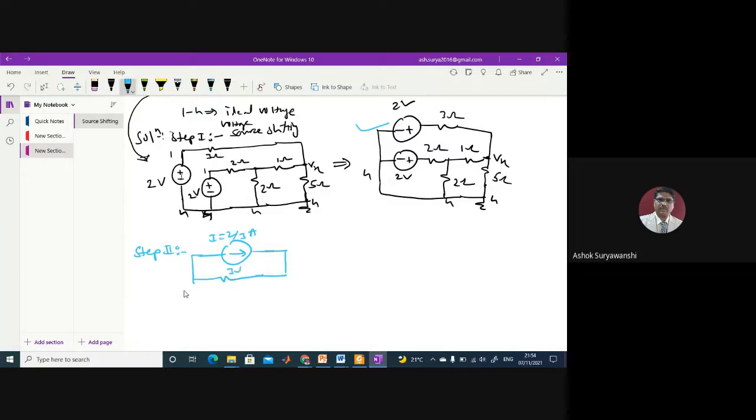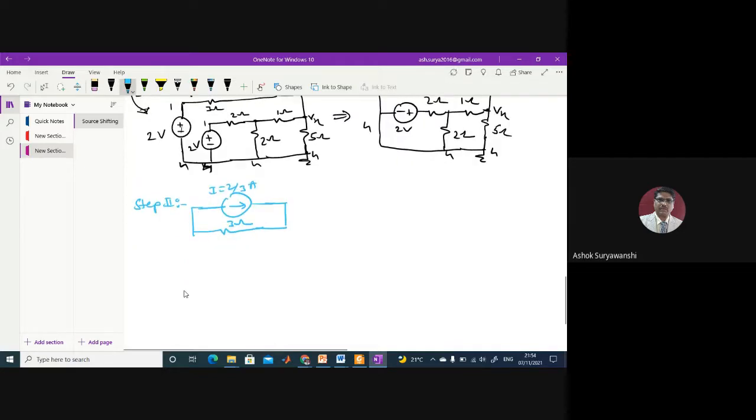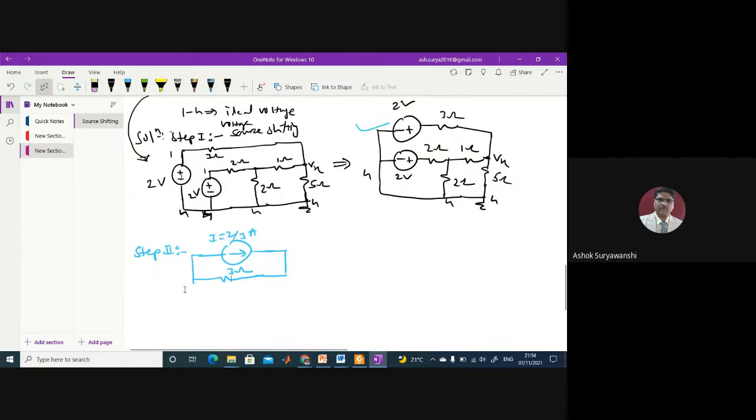This 3 ohm resistor will come across the current source, and then we can transform the lower voltage source also. Suppose this is my 2 volt. When you transform it into a current source, again its direction will be like this, because the voltage source is minus plus in this diagram. So I is equal to V by R again.